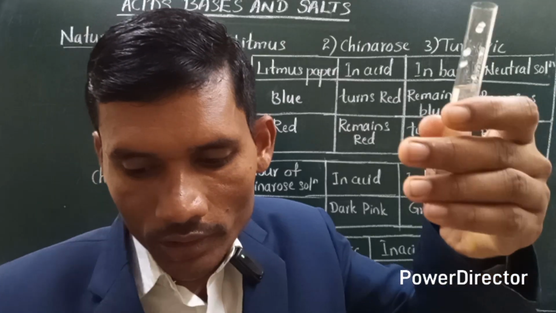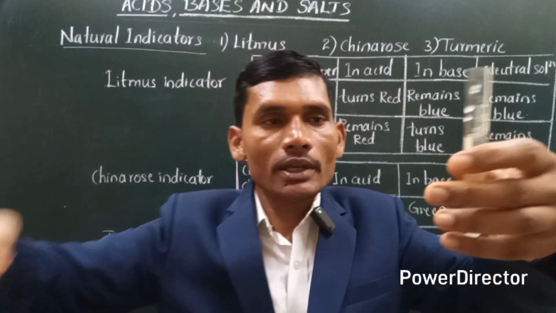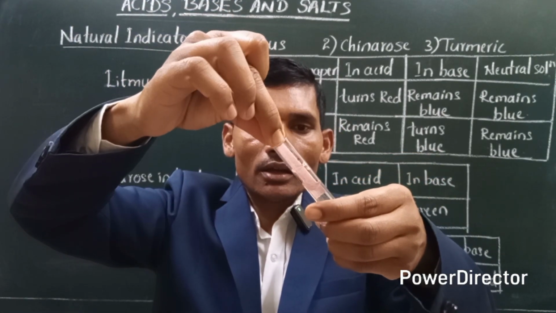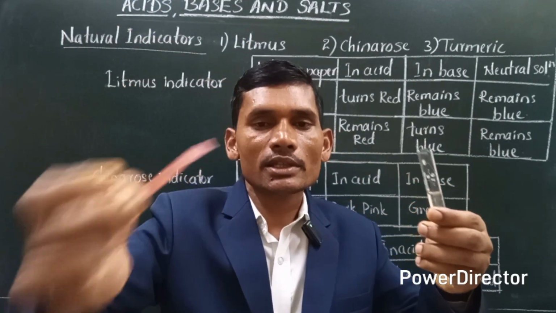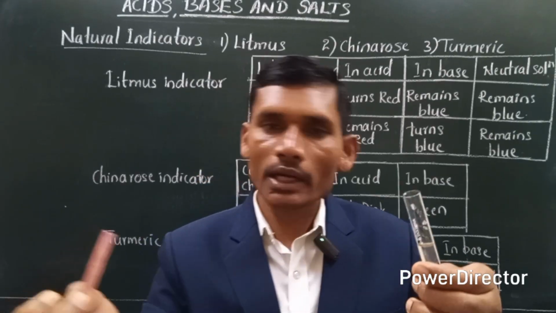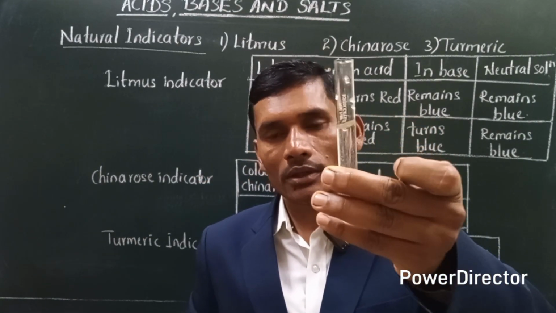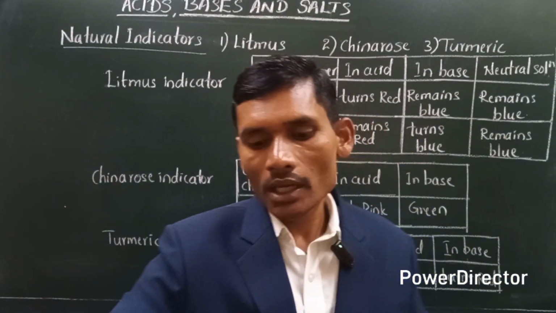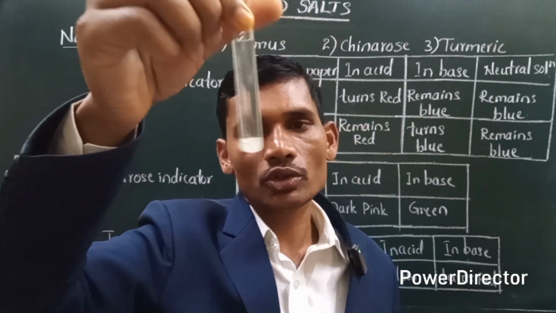The sugar solution is not an acid. We'll check whether it changes red. No, it is not changing the color of red litmus. There is neither change in color of blue litmus nor change in color of red litmus. It shows that the sugar solution is a neutral solution. Remember, it is neutral because it is neither acidic nor basic. So this is a neutral solution, sugar solution.